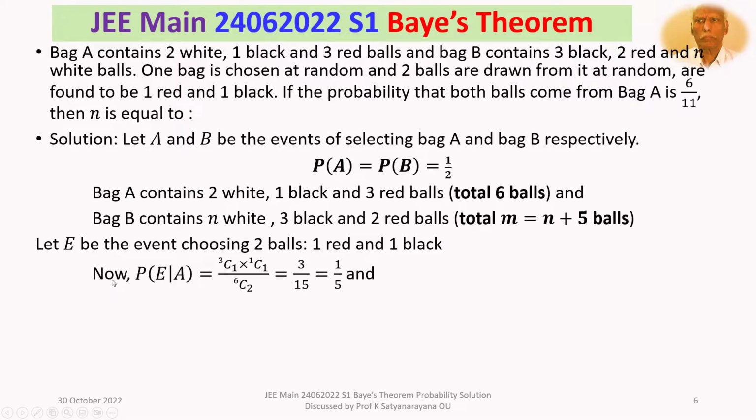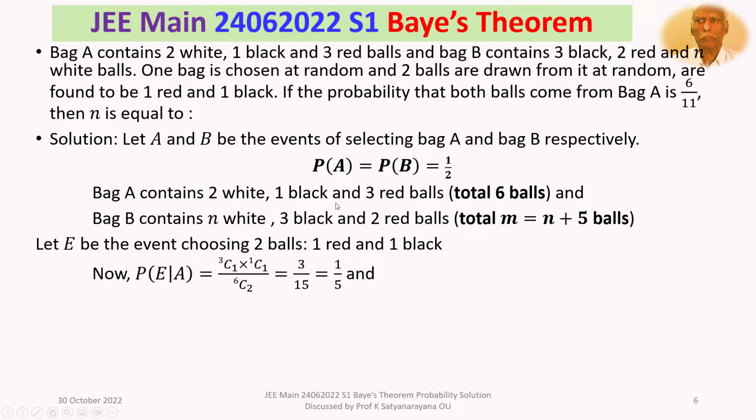Now, the probability of the event E given A, that is from the bag A, you have to choose 1 red, 1 black.